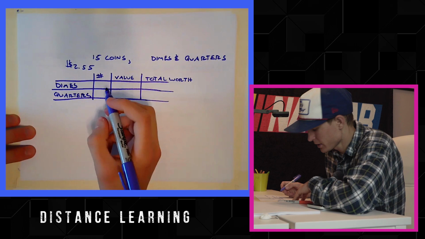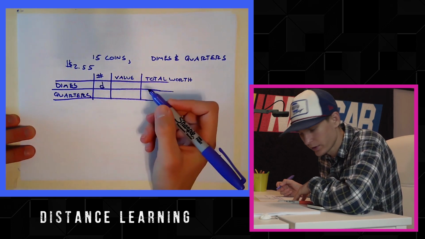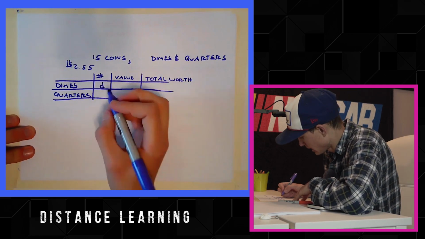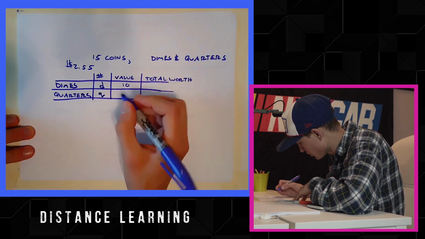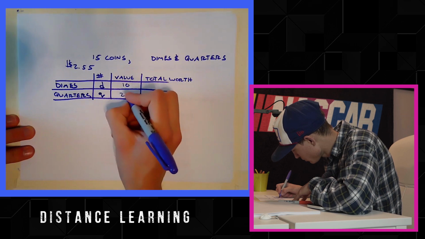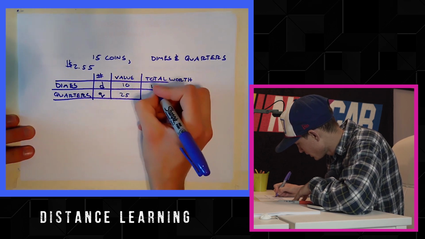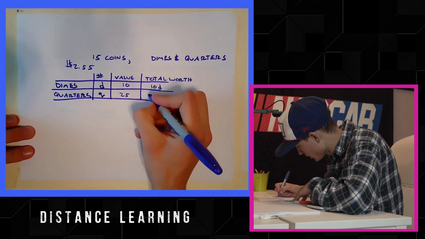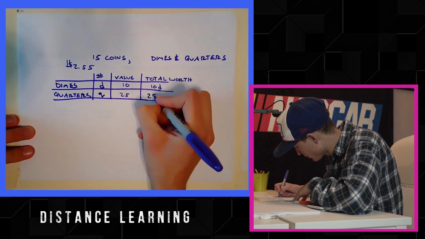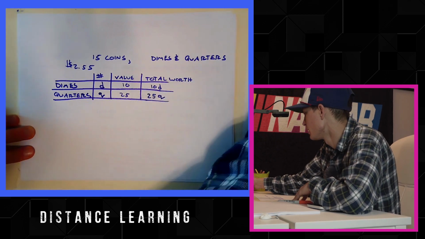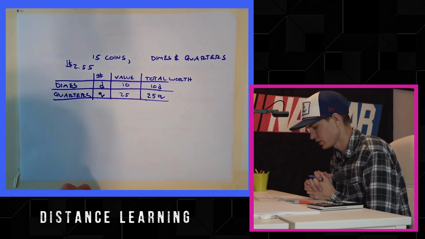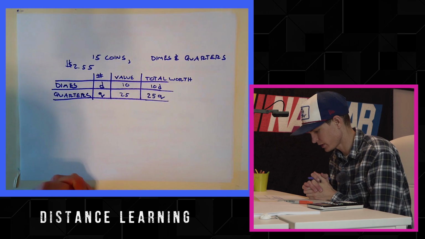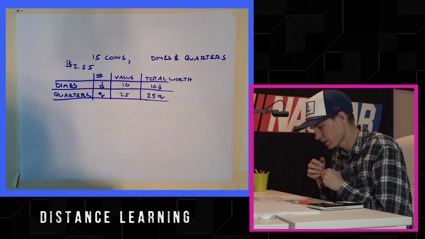So, we don't know how many dimes I have. Gets its own variable. Don't know how many quarters I have. Gets its own variable. We know a dime is worth 10 cents. We know a quarter is worth 25 cents, total worth 10D, quarters, 25Q. So, this is where things get a little bit tricky, right?